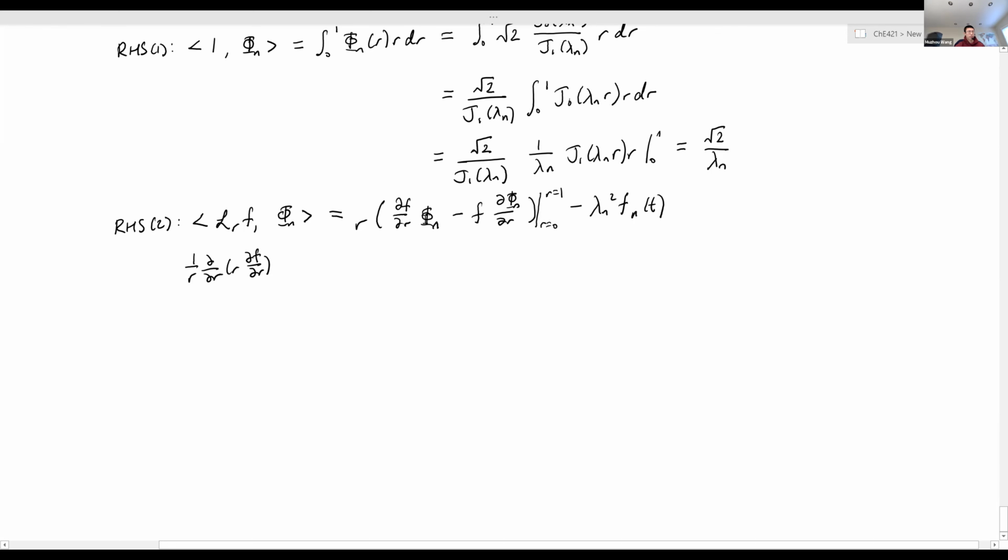And so this gives us negative lambda squared n of Fn of t. And so the PDE becomes an ODE that looks like this.